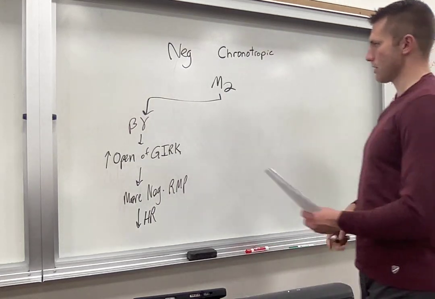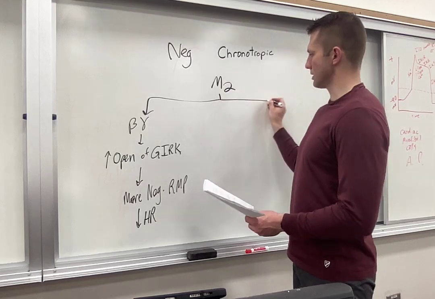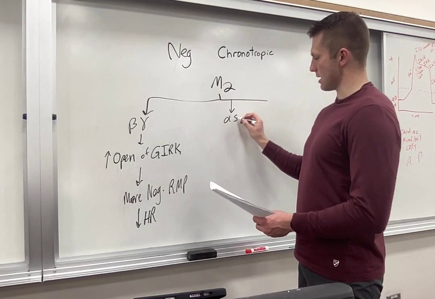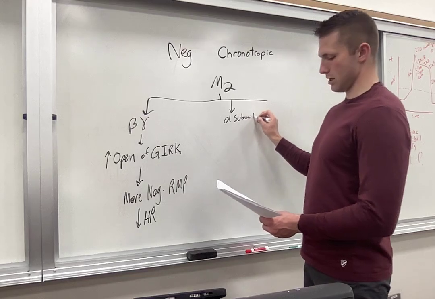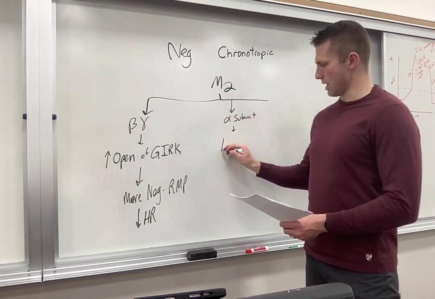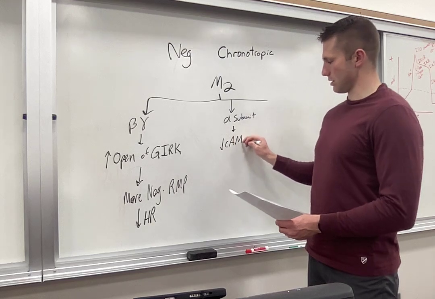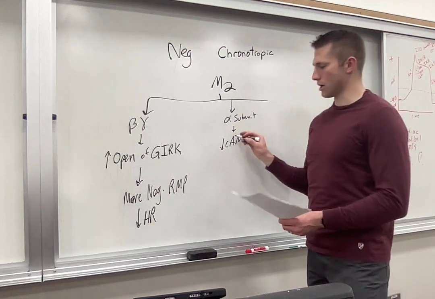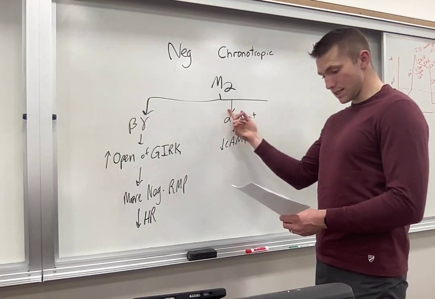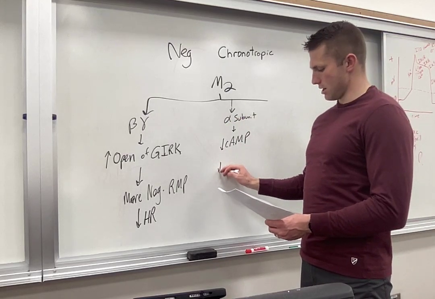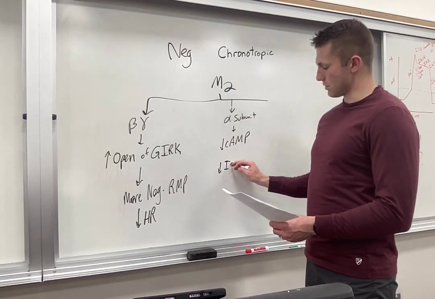Okay, the other thing that muscarinic type 2 receptors do on the heart is they cause the alpha subunit from this G protein to decrease cyclic AMP. Alpha subunits can cause an increase in it, but in this case, in muscarinic type 2, they cause a decrease in cyclic AMP that decreases IF.